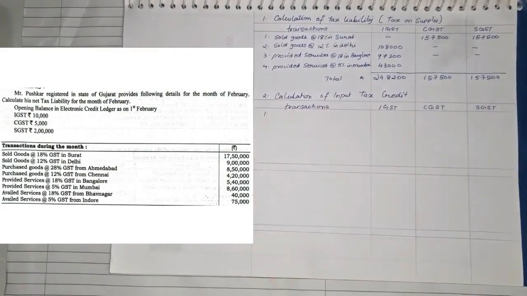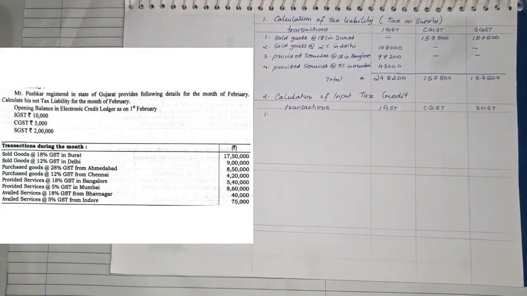Number 1, the very first thing given in the question is purchase of goods at 28% from Ahmedabad, Gujarat, the same state. So 28% will get divided into 14% each.